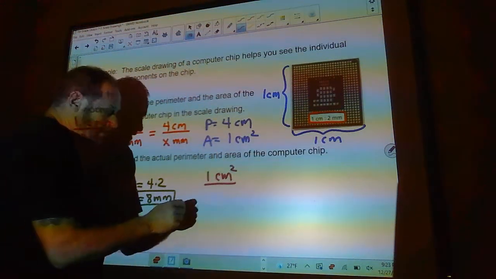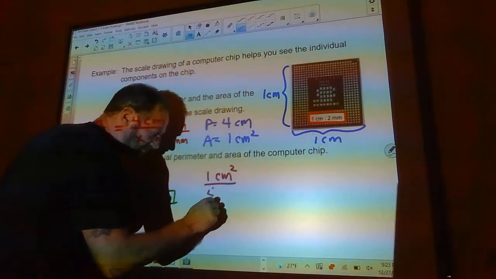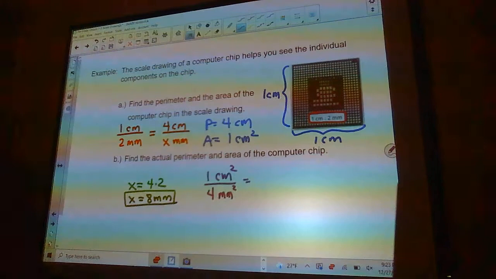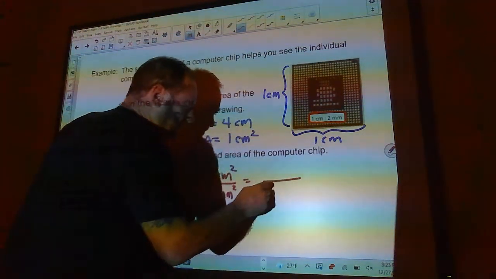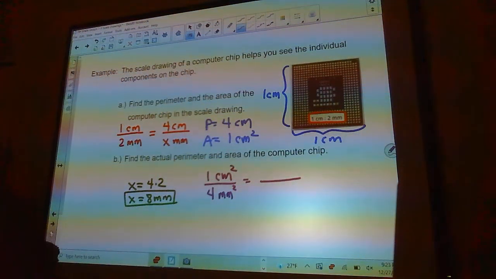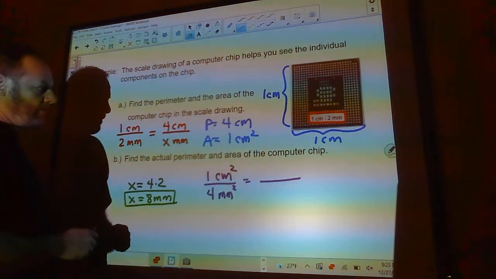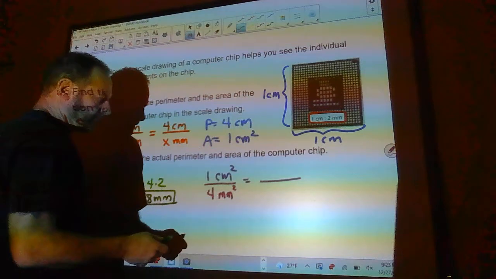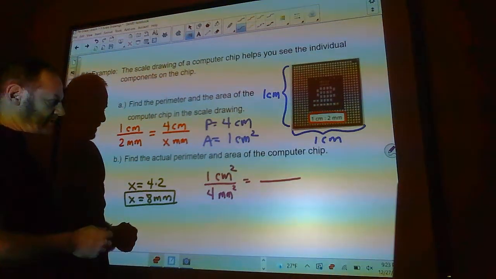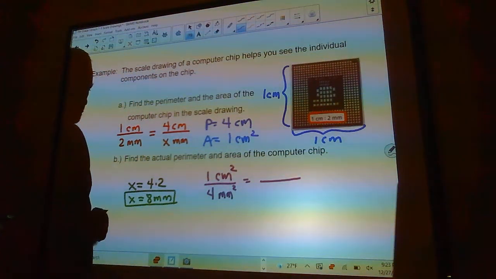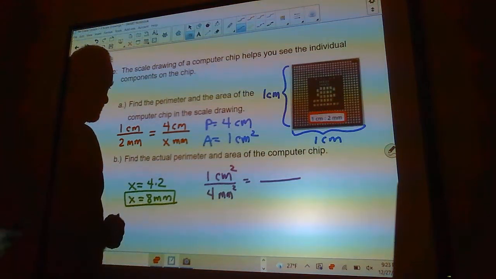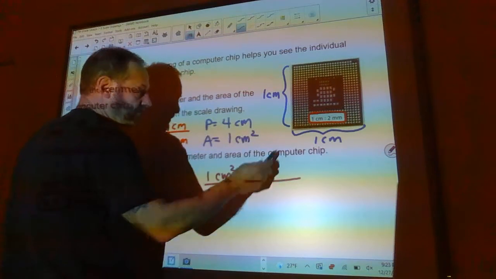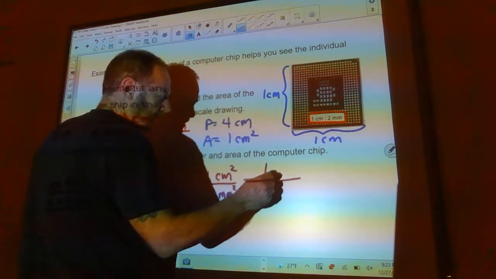So 2 times 2 is going to be 4 square millimeters. And that's going to equal, in actuality, let's see, I'm sorry, 1 square centimeter to 1, okay, so in the model, the unit is 1.